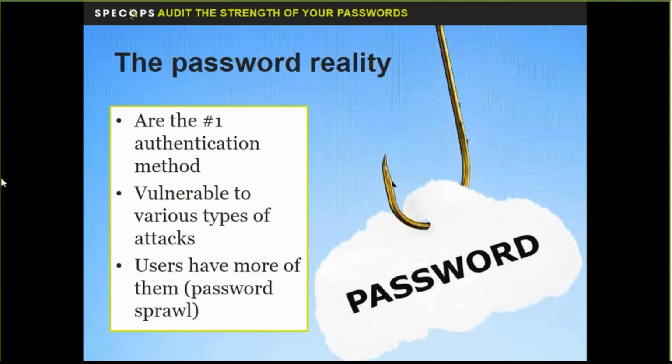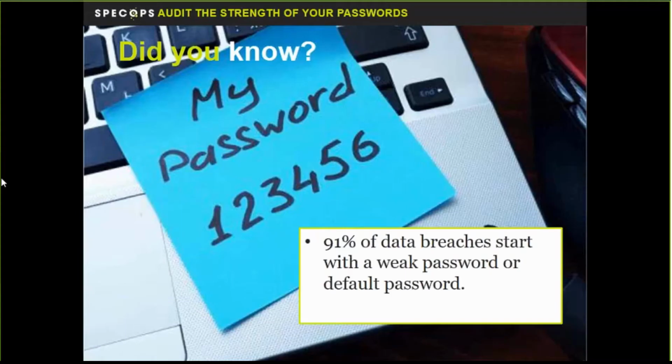And of course, making the problem even worse, there's a problem with password sprawl. Users log into dozens, if not hundreds, of different systems that all require passwords, and they end up reusing those passwords across multiple systems. So if someone gains a password into one thing, the attacker has the same password and can get into any number of other sites and services. And what this leads to is what we find in the industry. Breaches happen all the time.